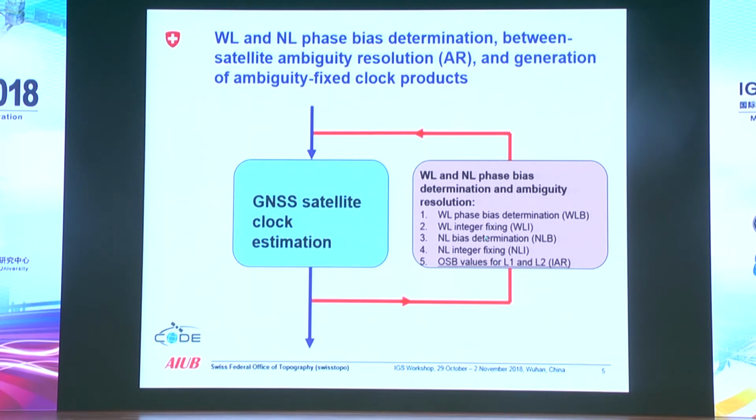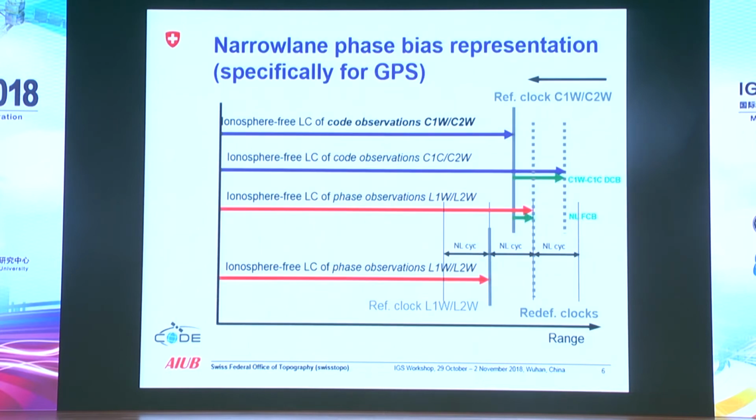This new part includes in particular 4 steps: widelane phase bias determination, integer fixing, narrowlane bias determination, and narrowlane integer fixing, with the main result being observable-specific bias values, in our case L1 and L2. In brackets you see the acronyms we typically use to label the products.